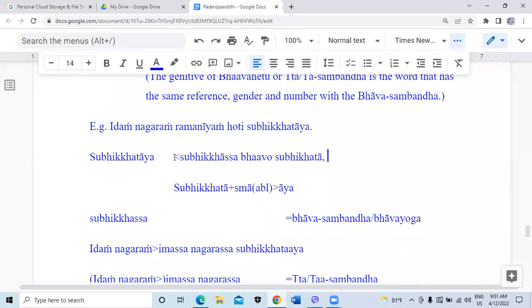When we have formed this Bhāvataddhita word, in fact this whole word is named Taddhitakaṇḍa.